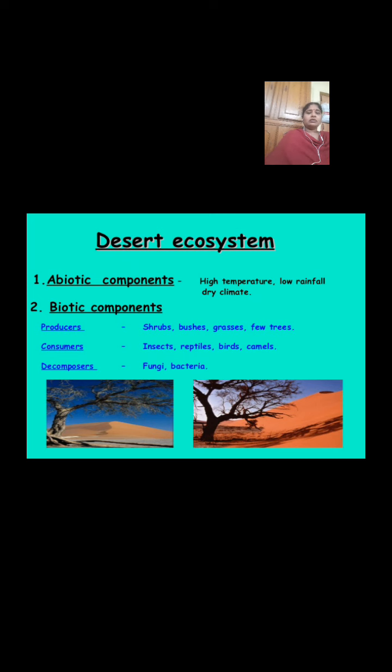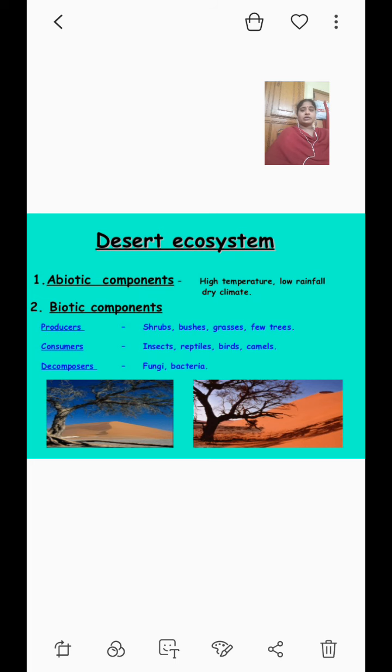Okay, so now let us see what the biotic components are. As I said already, they are of three types: producers, consumers, decomposers. All the plants come under producers, animals come under consumers, and the microorganisms which decompose dead bodies come under decomposers.